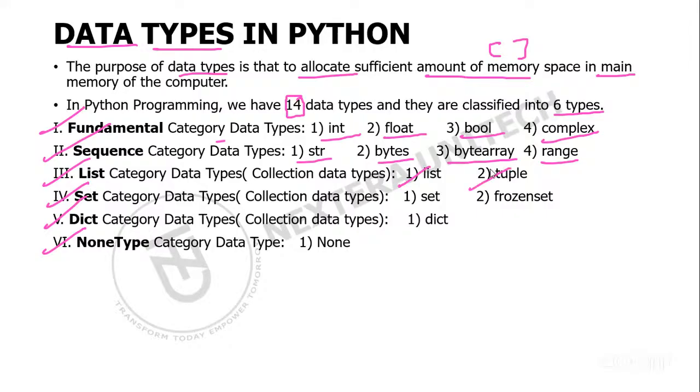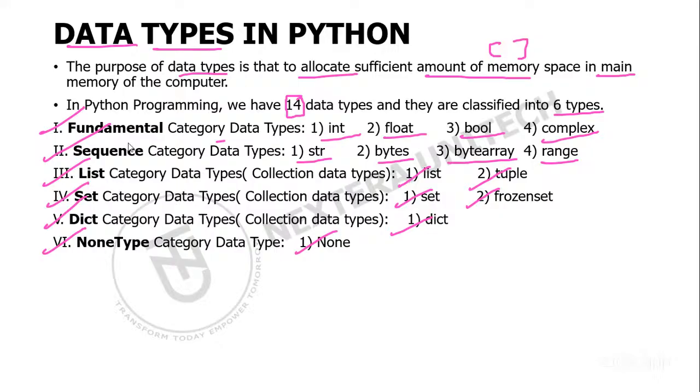Under the set category, we have set and frozenset. Under the dict category, we have dict. And finally, under none type, we have only one data type, None. If you add all these, you'll get 14 data types in total.